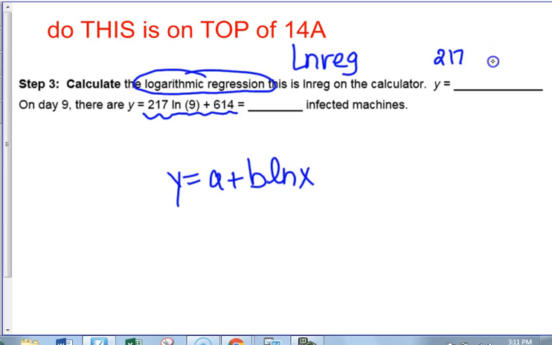So did you get 614-ish plus 217-ish ln of x, okay? And then it says on day 9, so if you stored it, you can go ahead and use your table to find 9, and then I want to talk about what this actually meant. Did anybody put the 9 in?